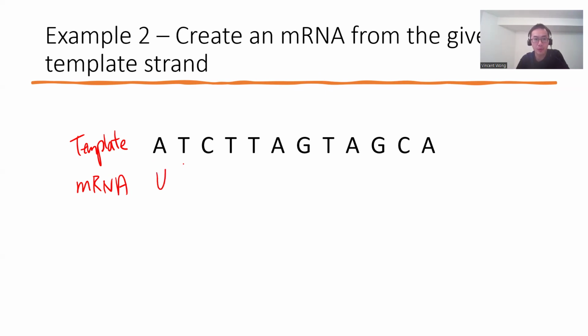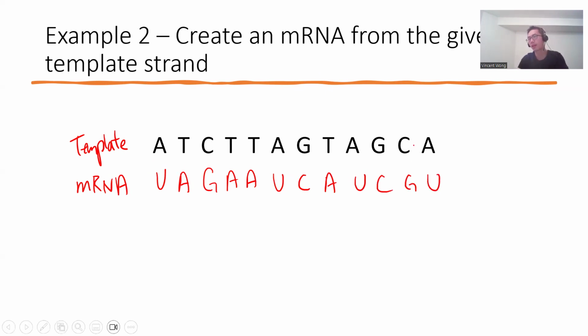A pairs with U, T pairs with A, and so on and so forth. You have to ask me questions if you don't understand. It's only going to get more confusing as I give you more information. So please, anything that I can do to make this easier?